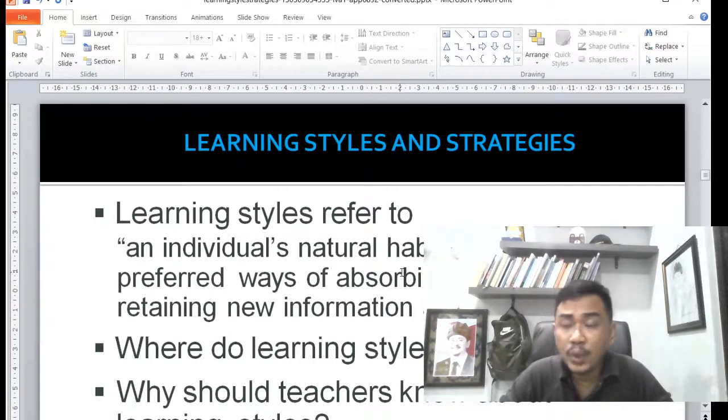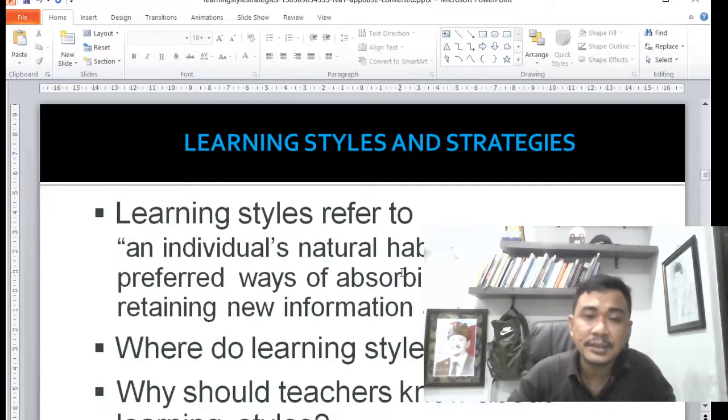And that's why learning will happen if you know your students and give them the opportunity to explore themselves based on what they prefer, their learning styles.